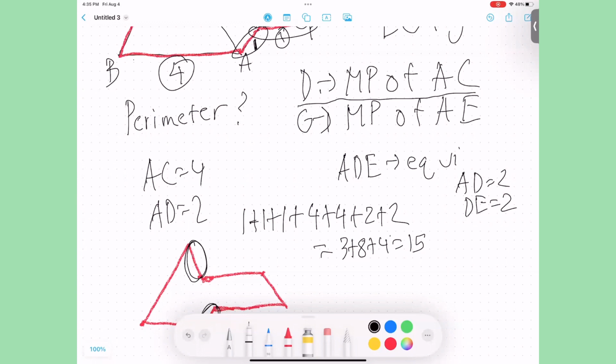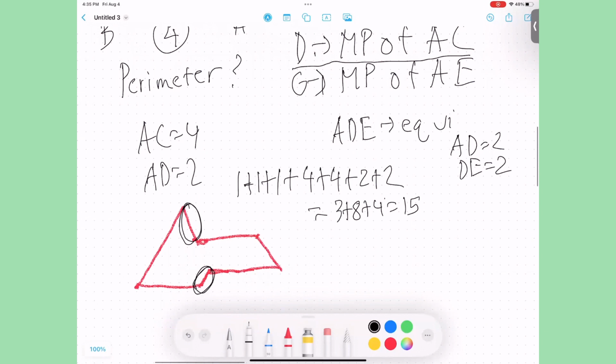The perimeter of a figure is everything external. So you want to calculate the side lengths of the figure. Basically, here's a cool definition of the perimeter. If you walk along the boundary of a figure, the perimeter is the sum of the lengths of the boundary, like the distance you walk.